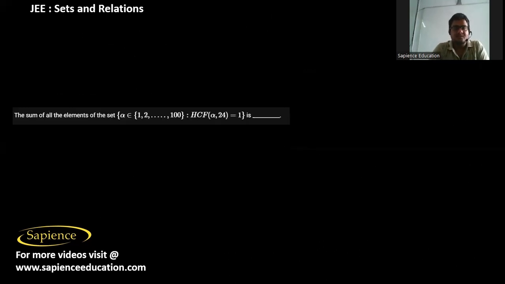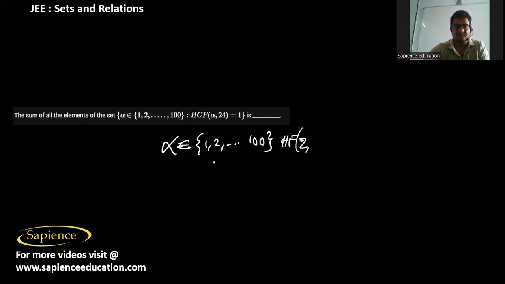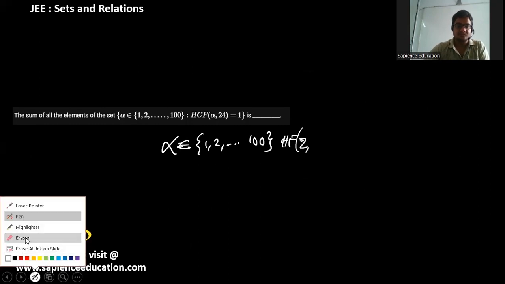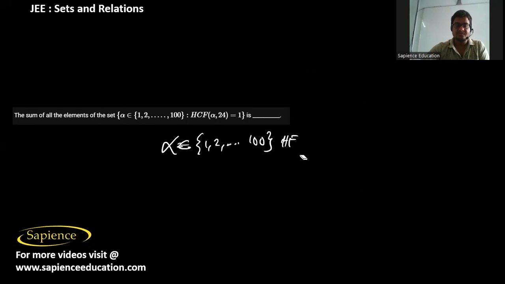Then here it is told the sum of all the elements of the set alpha belongs to 1, 2, till 100, and HCF of alpha and 24 is 1. So it means that alpha and 24 should be co-prime.